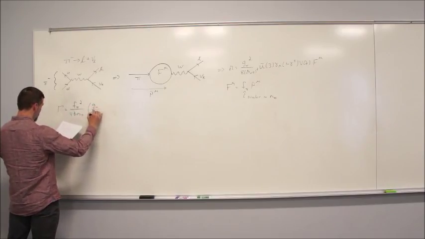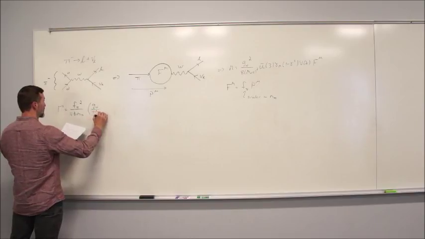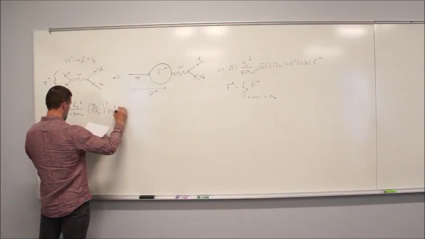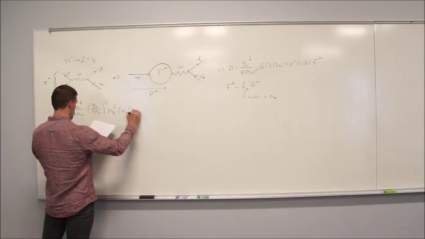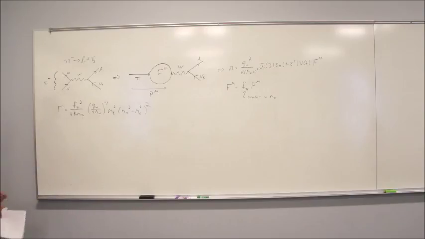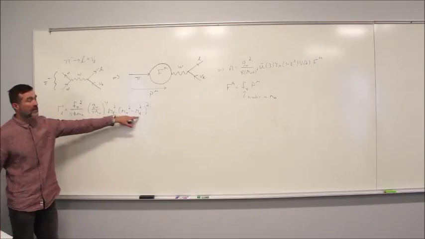And there are some steps filled in the notes, but they're not going to be very insightful. You can go look at it if you want. Times the mass of the lepton squared times the mass of the pion squared minus the mass of the lepton squared, quantity squared. Okay? So this is gamma. This is the decay rate for it to decay into a particular lepton.